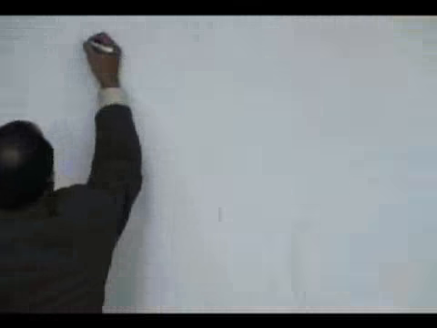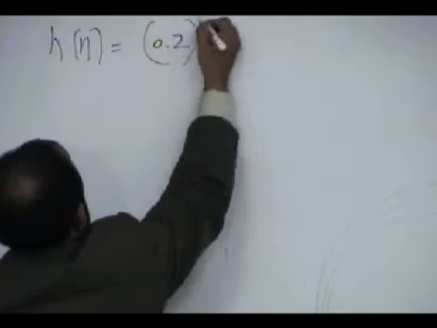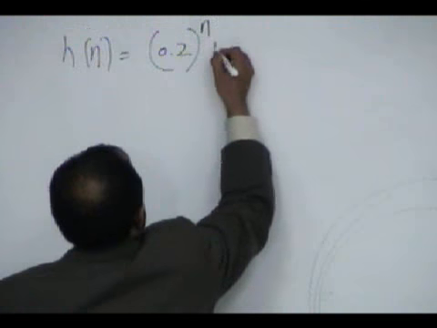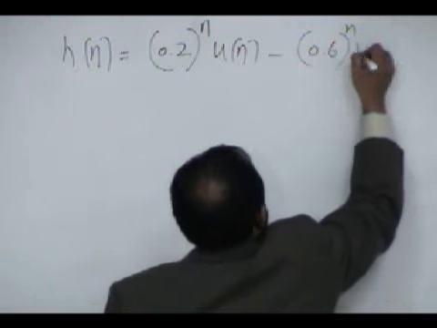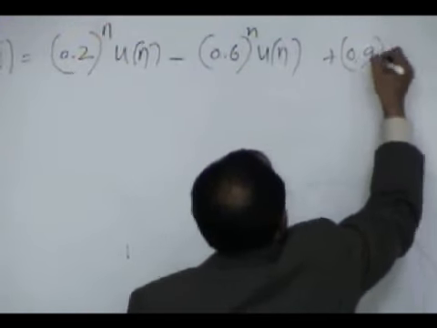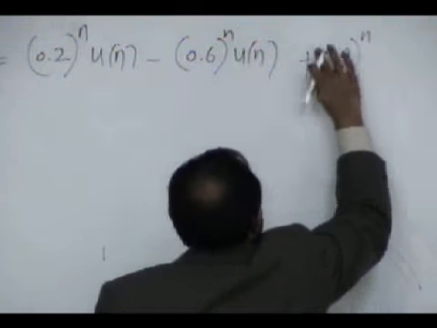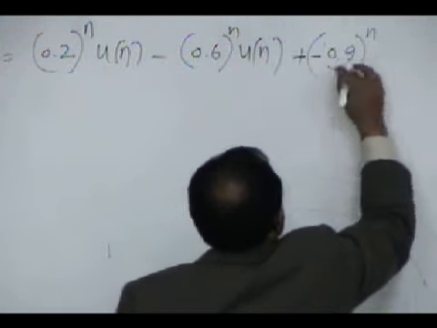Okay. For example, there is a system where this is the impulse response: 0.2 to the n u of n minus 0.6 to the n u of n plus 0.9 to the n, or I can put a plus, and here minus 0.9 to the n.